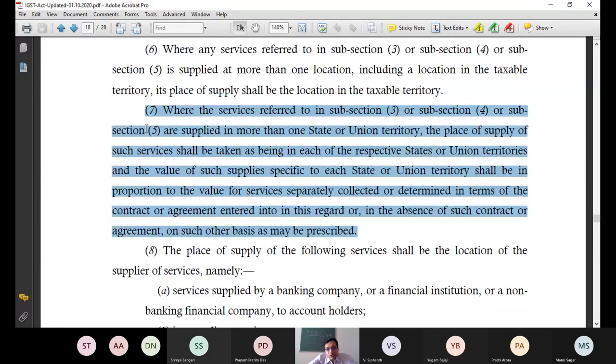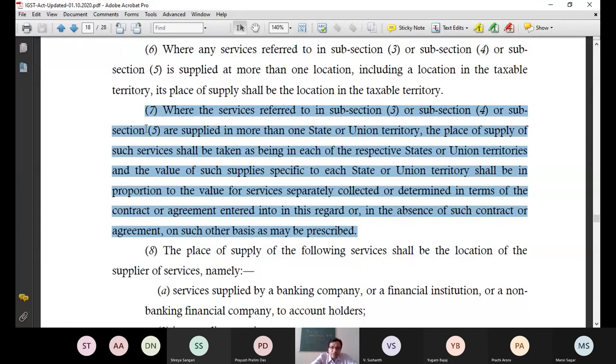The service is referred to in subsection 3 or subsection 4 or subsection 5. That means subsection 6 and 7 are also applied in subsection 3, subsection 4 and 5. So I am discussing it for the time being for subsection 3, and by default I will not discuss these again in subsections 4 and 5 because the same concept is applied.